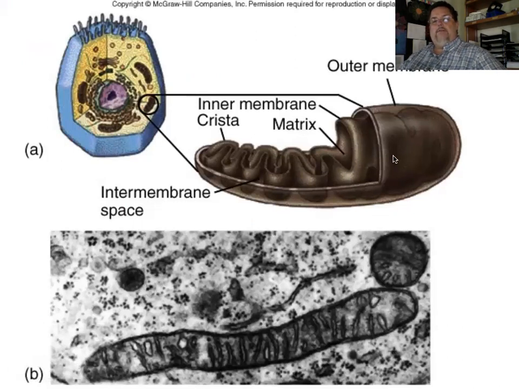ATP is made, and it's really neat if you take a biochemistry class, you'll get an idea of how this actually works in making ATP. So a lot of biology classes, you just get into the nitty-gritty details about how does the mitochondria really do it. Obviously, for this class, just realize mitochondria is important for making ATP. It has its own DNA, so it's almost like a bacteria-like cell living inside your other cells.